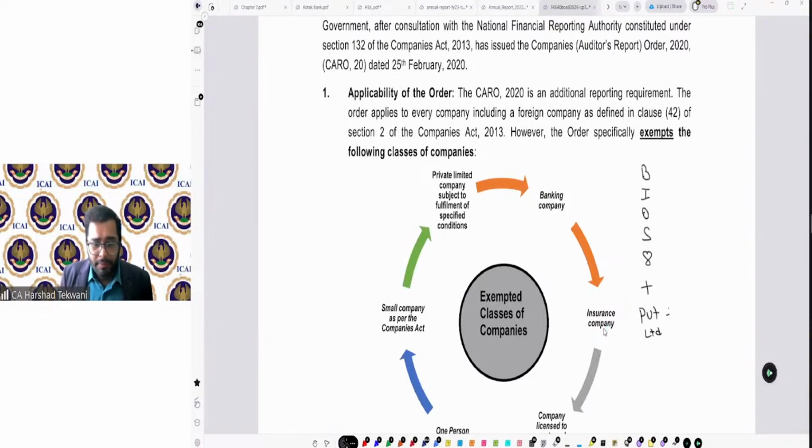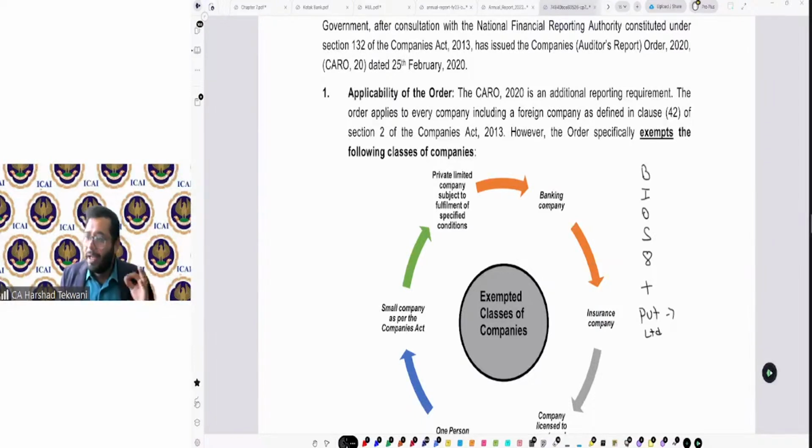I'll explain what the private limited exemption is and what BIOS 8 is. There is some exemption to private limited companies, plus there is an exemption to BIOS 8 companies.